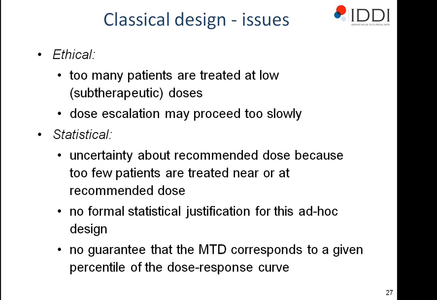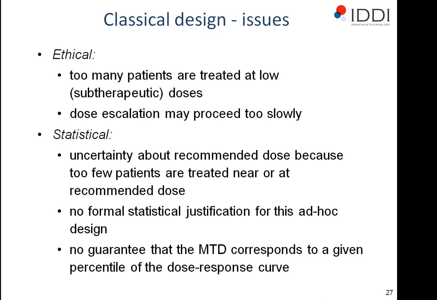Also, dose escalation may proceed too slowly, especially if you start with a too low initial dose. It may take a lot of time to reach the level of MTD, and it means that you may need to put too many patients on too low doses, and this will result in a too long and maybe too costly trial.